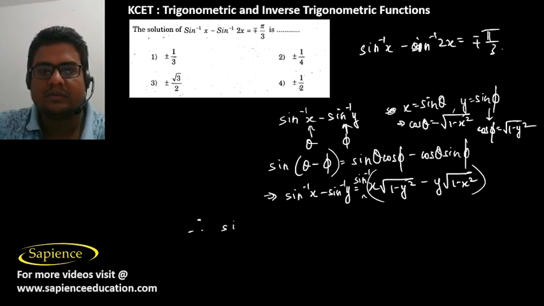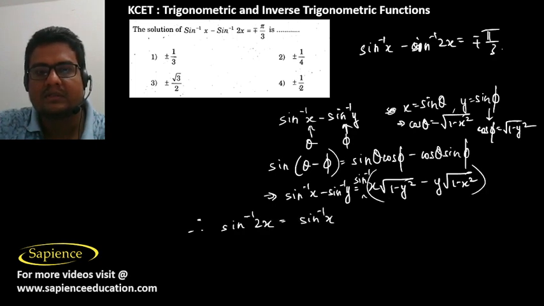Similarly here also, we can write sine inverse of 2x as sine inverse x plus or minus pi by 3.